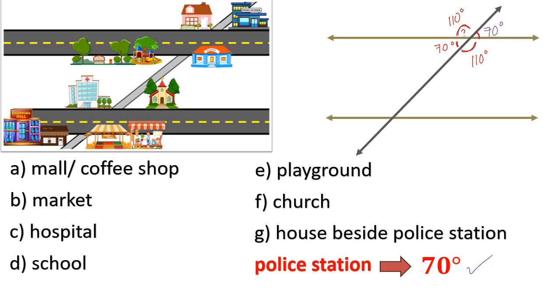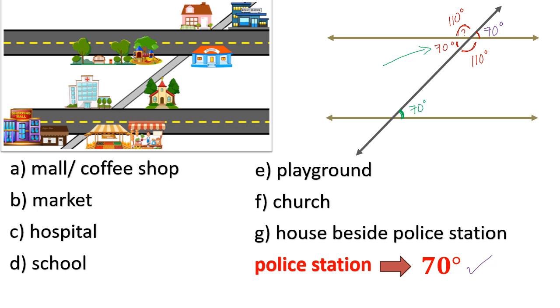We can now proceed to the lower portion of our figure. This time, I'm going to consider the idea of alternate interior angles, wherein we all know that alternate interior angles are congruent. Therefore, this one is considered alternate interior angle of this angle. Definitely, it will also be 70 degrees.